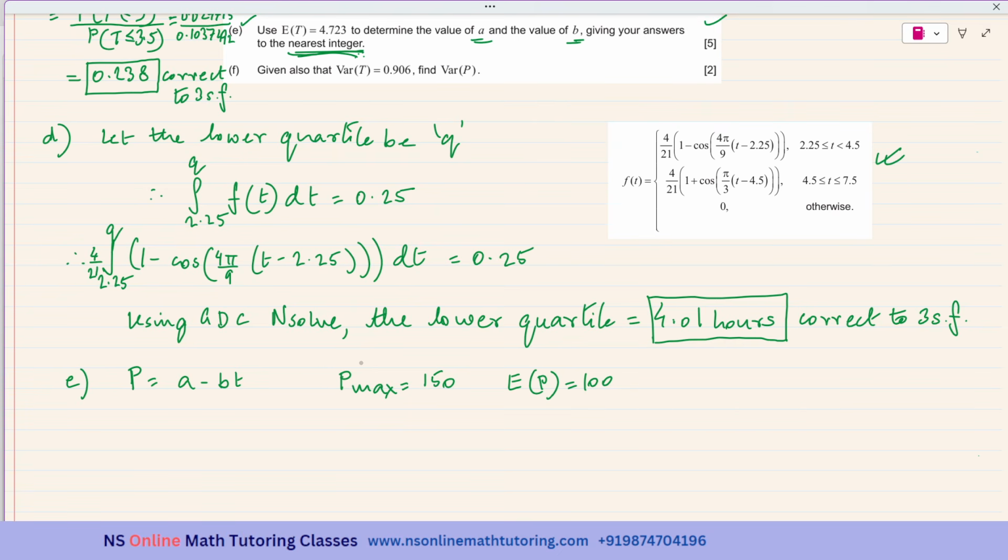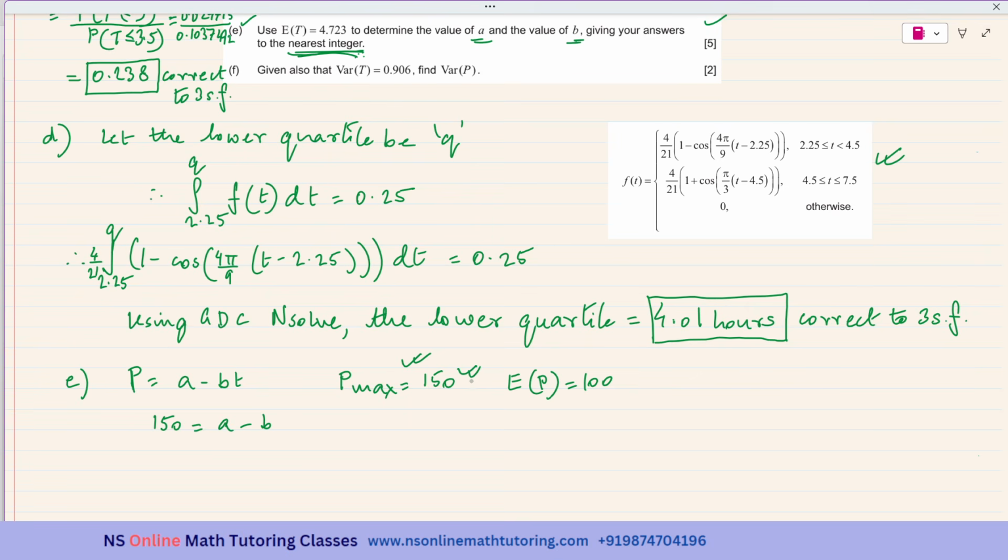So P max is 150. So I can write 150 in place of P equal to A minus B times the time value. See, which runner will be having the maximum score? The runner who will be winning the race will be having the maximum score. And what will be the runner's time?